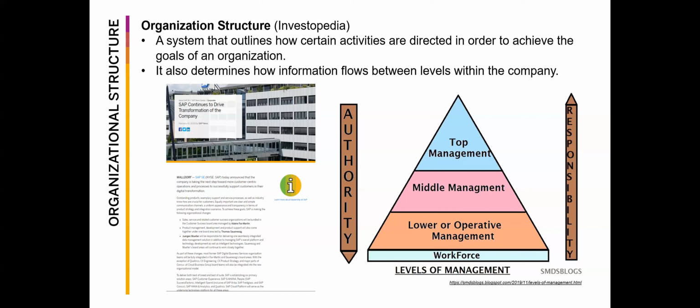I gave an example of SAP. Previously there were actually more than these three boards: the customer success board, the product management and development, and the data management solution. Now they merged them into these three main board areas.